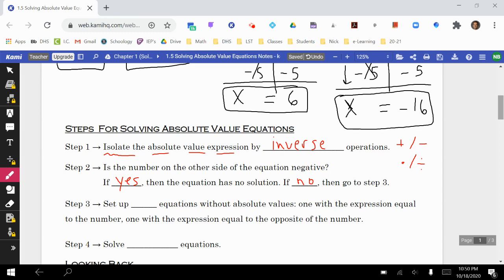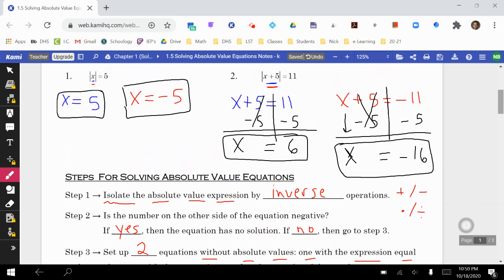Step 3 says we want to set up two equations, because we have two solutions. When we set up these two equations, they are going to be without those absolute values. We're going to drop those absolute value bars and make our two equations. One is going to be that expression equal to the number, and my other one is going to be the expression equal to the opposite of the number.